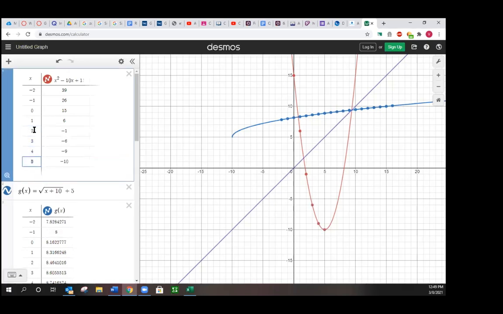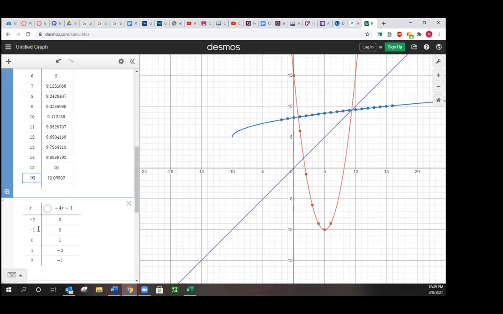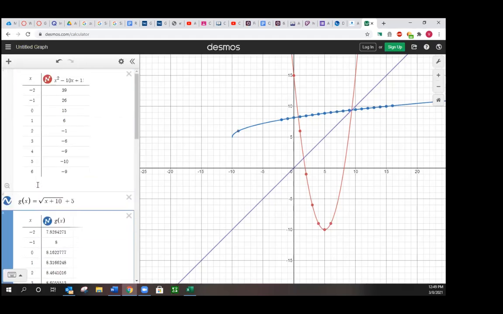So if I go here to 5, that's at negative 10. So 6 should be negative 9. So if I go in here and I type negative 9, what should it be? 6, and it is. Okay, so basically what this is saying is that some functions you have to restrict the domain in order for them to be proper inverses. The reason the left side of that quadratic is not represented is because you cannot square root a negative number. Does that make sense?